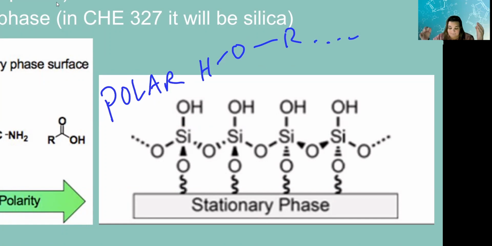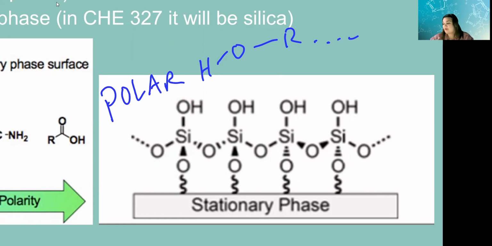What's going to happen is these guys are going to interact. Does everybody see that this oxygen and this hydrogen can interact with each other? So if these are interacting, this molecule is not going to really move up your TLC plate. It's going to get distracted, okay?